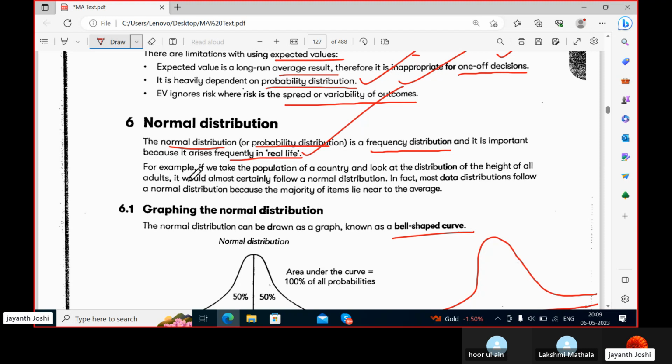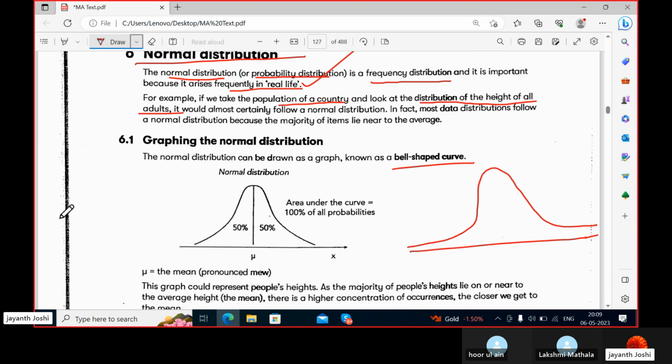So we can take a good example to understand the normal distribution. For example, if we take the population of a nation and look at the distribution of height of all adults. You can see many people in India, and some people have, if I take the heights in such a way, I start from the least height.